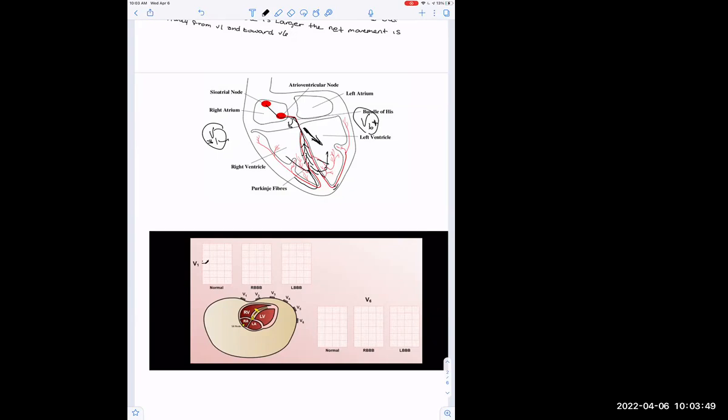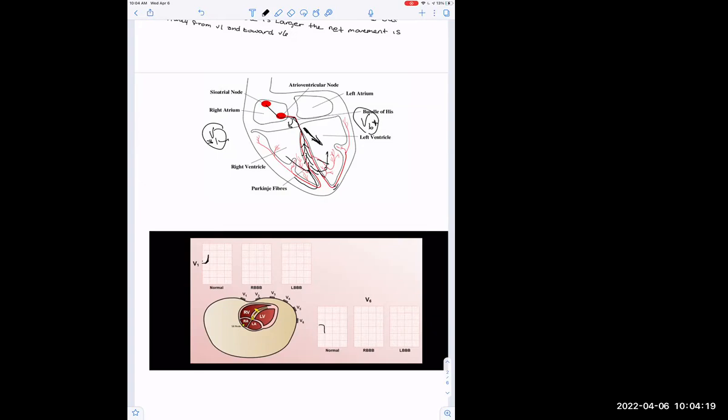We have a positive deflection in V1 initially because the impulse is traveling towards the positive pole of V1. But in V6, initially, the impulse is traveling away from the positive pole of V6, so we would expect to see a negative deflection in V6 initially.